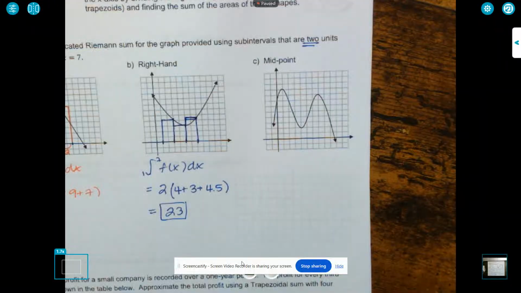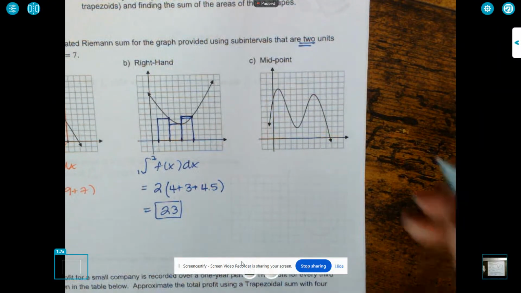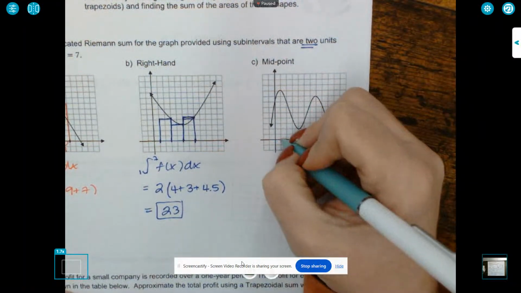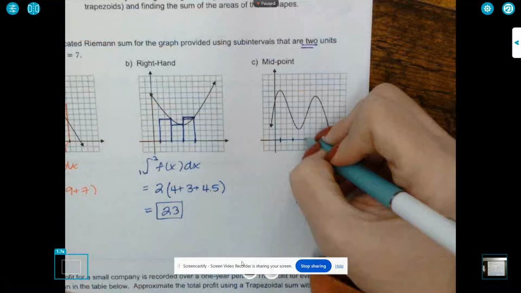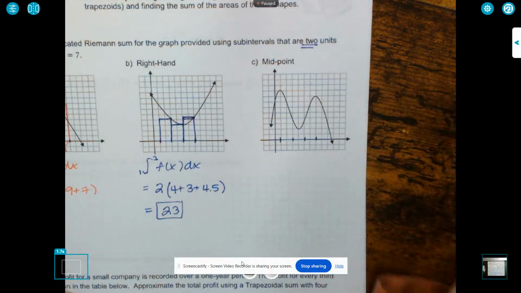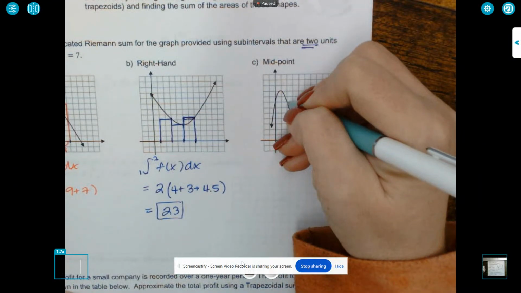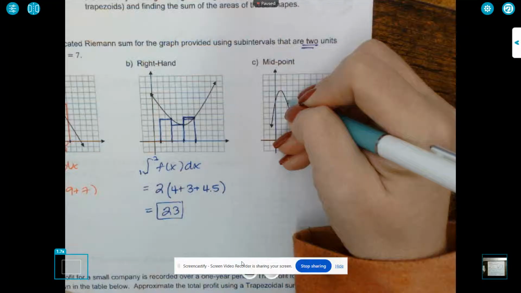And then the last one over here, midpoint, means you want the middle point to be on the graph. So again, we're going 1 to 7, intervals of 2. I want the middle point to be on the graph.